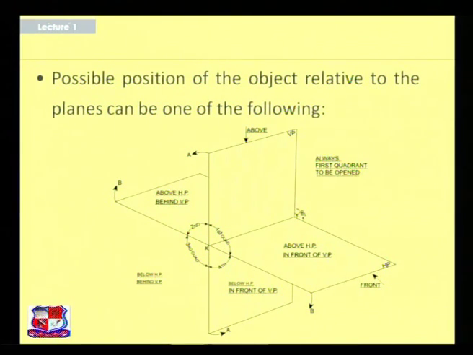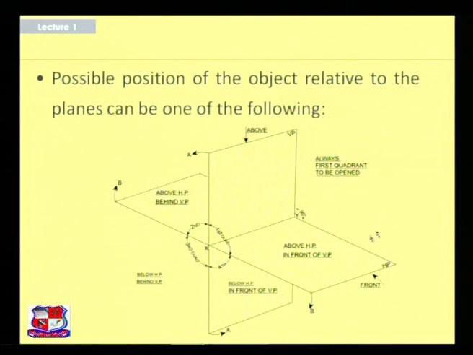Now here in the further slide we have seen the vertical plane and horizontal plane. It is the isometric or the angular view of these planes. As we can see in the figure, this plane is the vertical plane, as we had studied before, and at right angle to this is the horizontal plane, which creates the 4 quadrants.